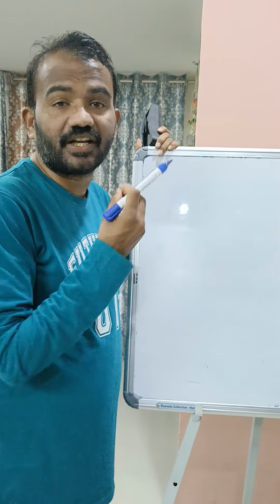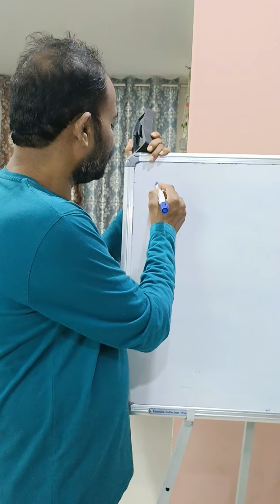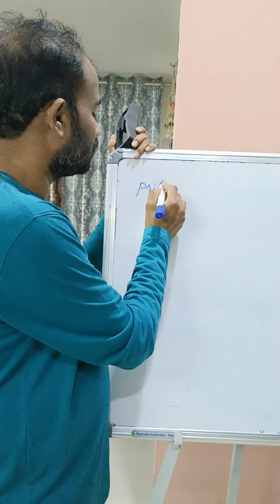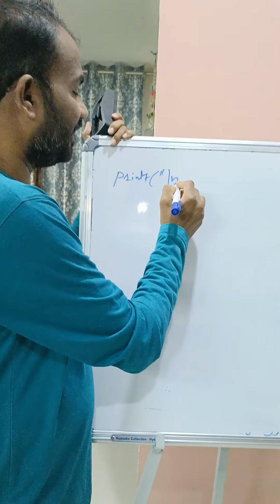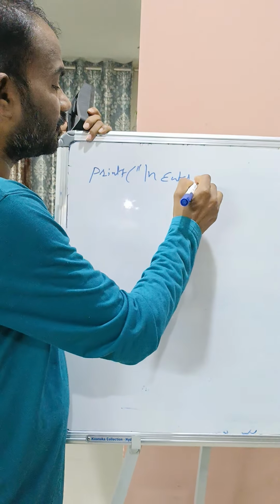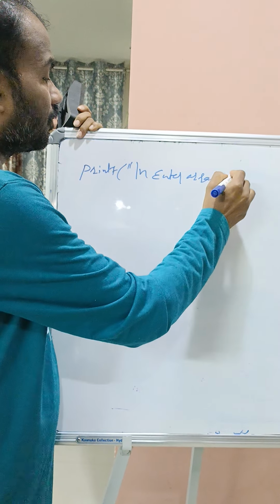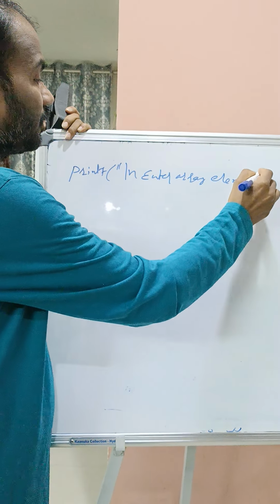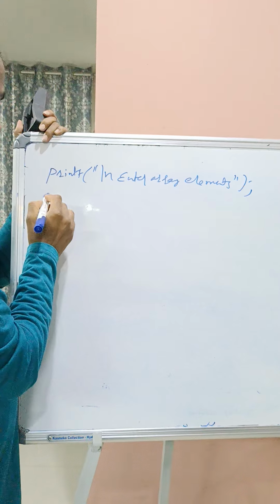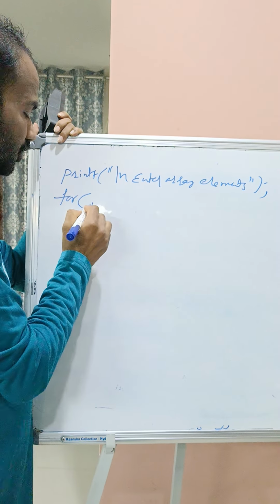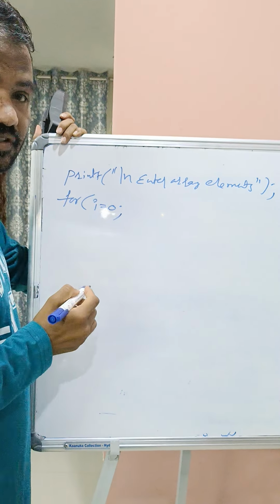What is the second step? We need to enter the array elements. So printf "\n enter array elements". We need to enter a number of elements, so we have to take a for loop. What is the first element? A of 0.